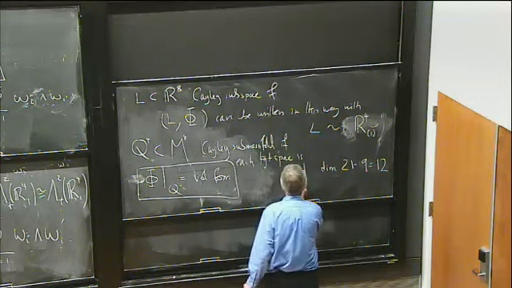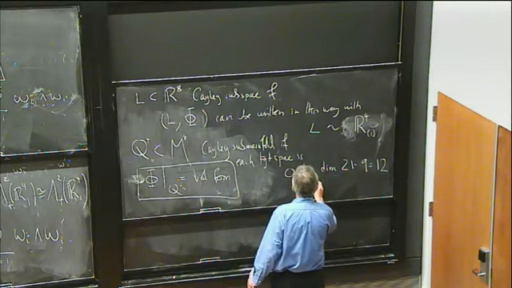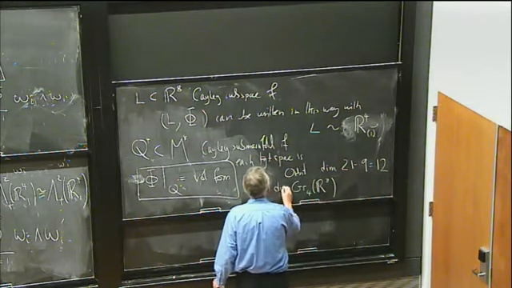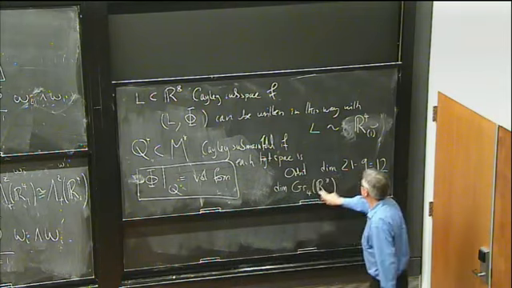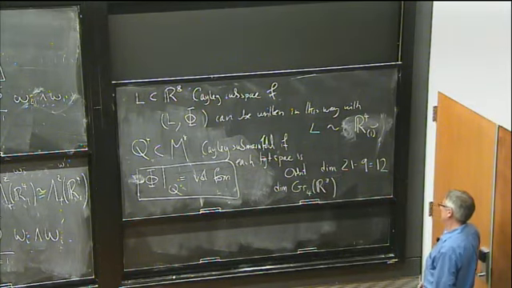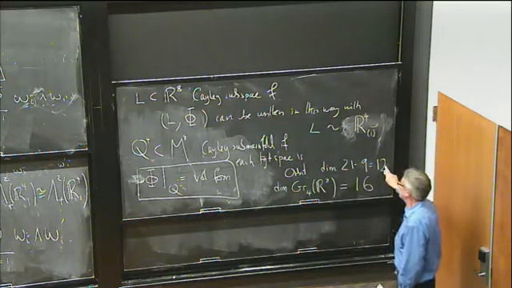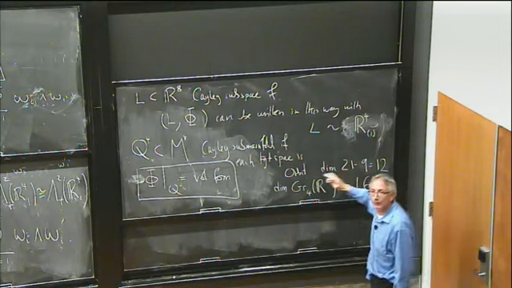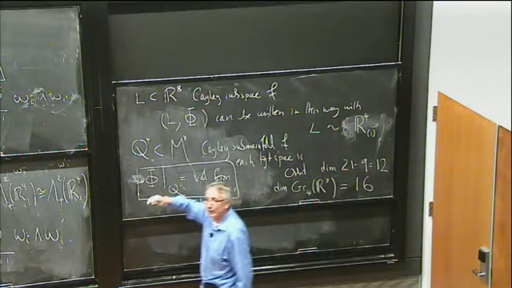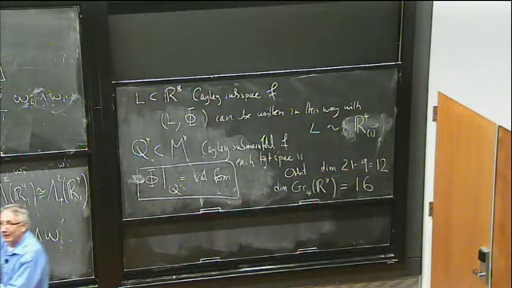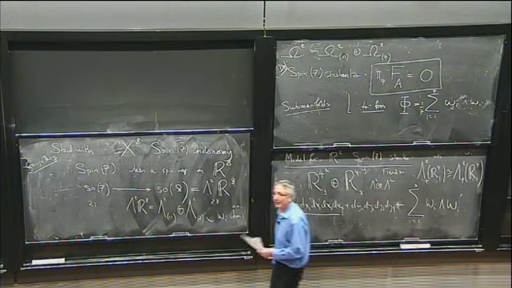That's the Grassmannian of 4-planes in R8. It has dimension 4 times (8 minus 4), which is 16. So this is a codimension 4 condition. At each point you're imposing 4 conditions on your tangent space for it to be Cayley.